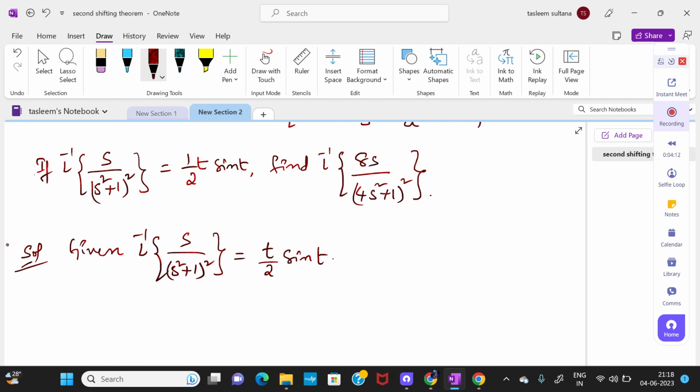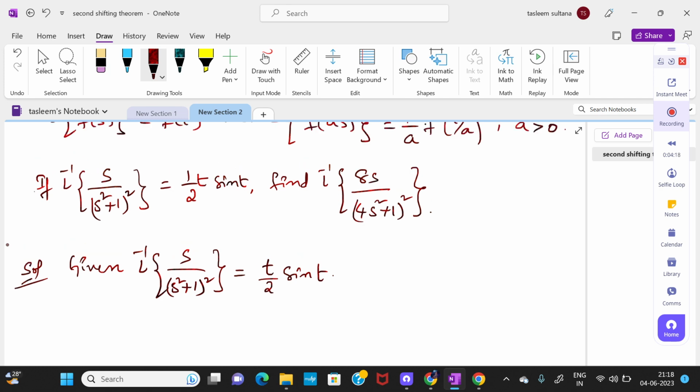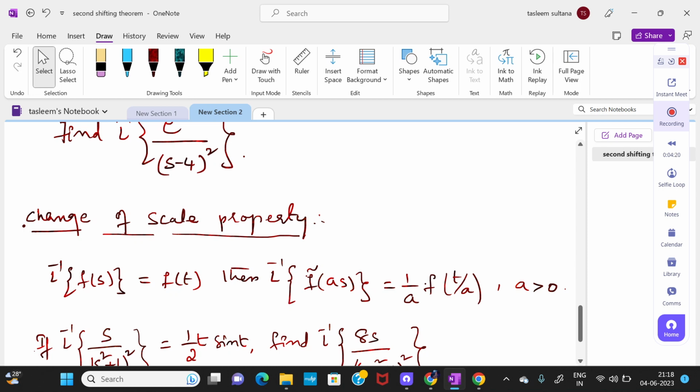Now wherever s is there, I will write as, because the change of scale property says L inverse of f bar of as is equal to 1 by a into f of t by a.